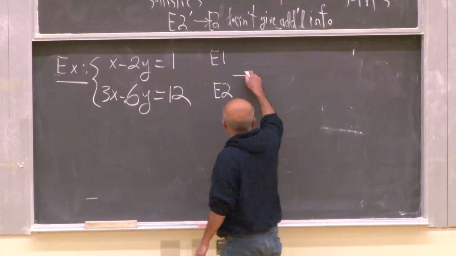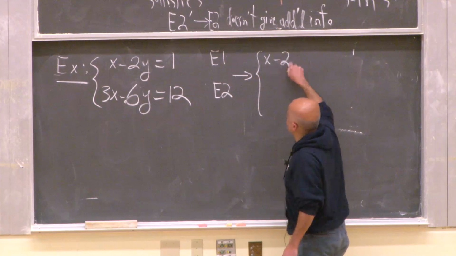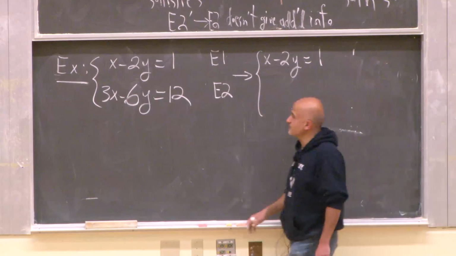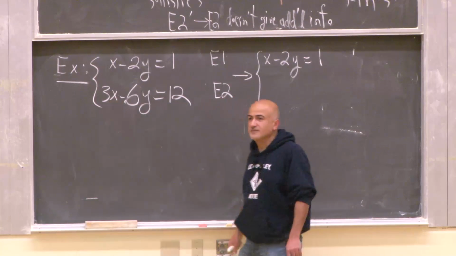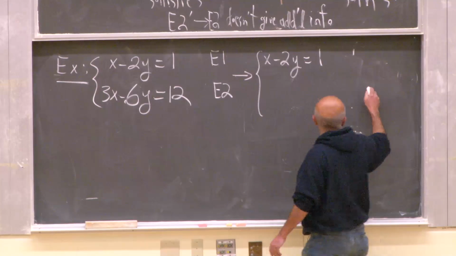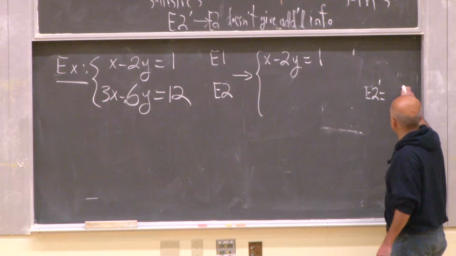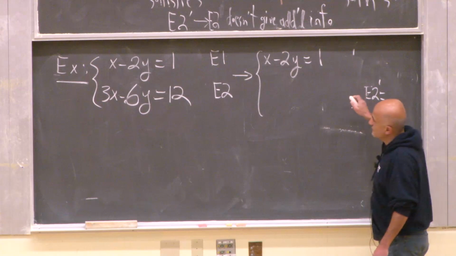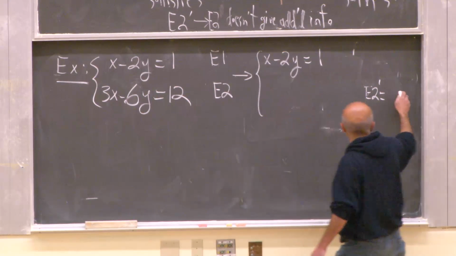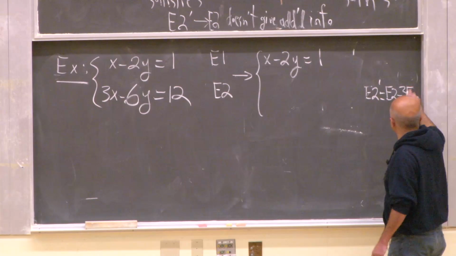What does forward elimination give us? First equation is always the same. So how are you going to get rid of the 3x? You multiply E1 by 3. That gives you 3x minus 3x, and then it gives you negative 6y minus... So you're subtracting E2 from 3 times E1.